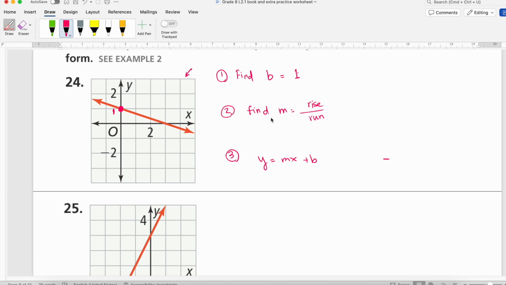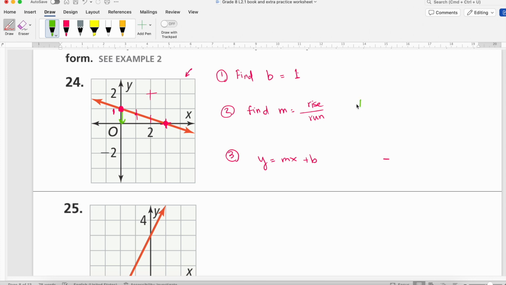Now to find m, I have to look for another point where I can go for rise and run from my first point, which is b, to the other point. I cannot select this other point because it's not on an intersection. This one is also not. This one is on an intersection, or on a cross, so I can select it. These are my 2 points. Let's do rise and run. How much should I rise? I have to go down.